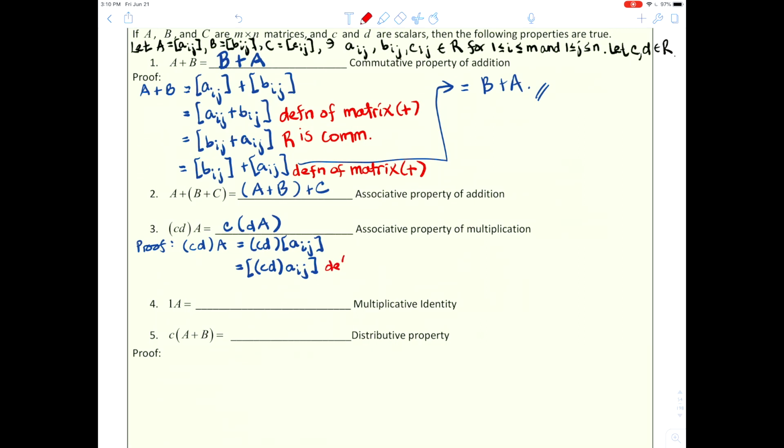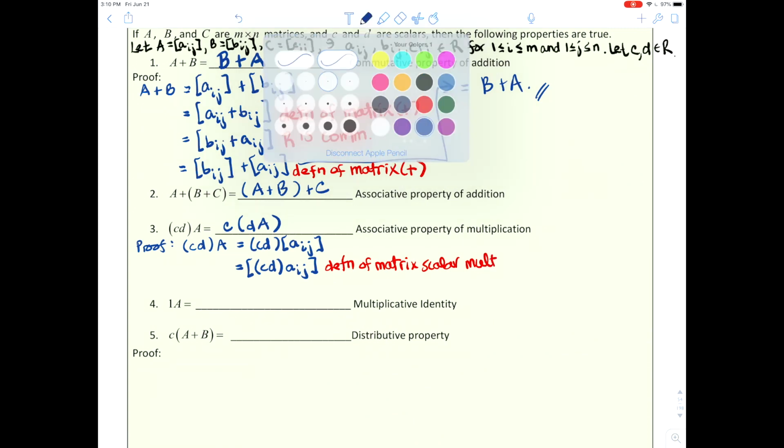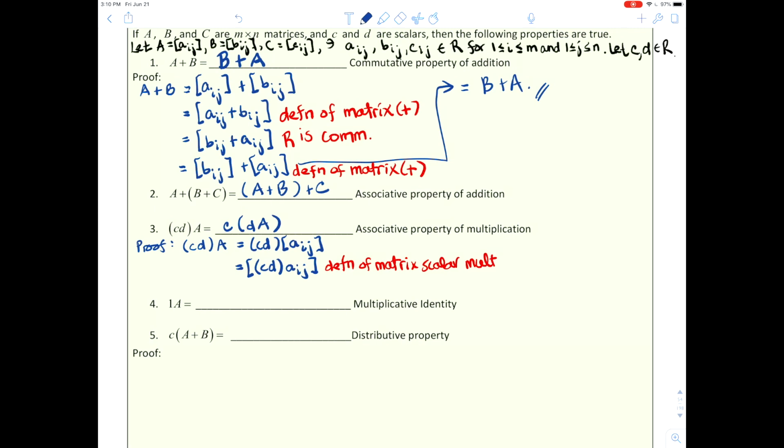This is definition of matrix scalar multiplication. All right, moving right along, what's going to happen? This is going to be equivalent to the matrix, awesome, c times quantity d times Aij, and that is because why? Awesome, you're amazing. The set of real numbers is associative.